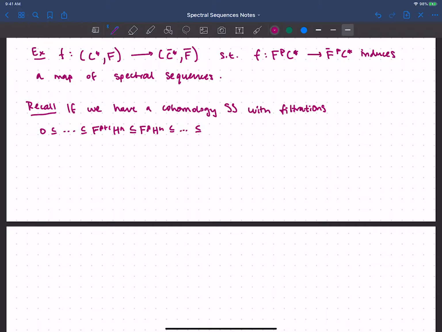This is just our usual thing. So I'm thinking of this as the cohomology of the total space or the cohomology of my filtered space that I was interested in, whatever situation we're in.